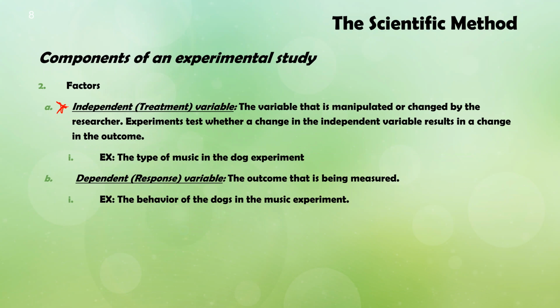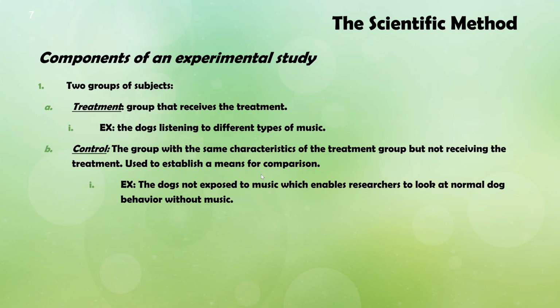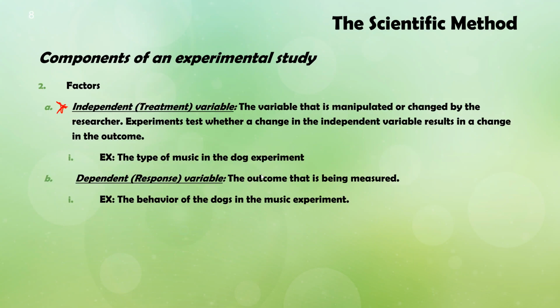It's the thing you're testing, right? Whether a change in the independent variable results in a change in the outcome. So when you change music, what happens to behavior? That's the outcome. So I put as an example, the type of music in the dog experiment.